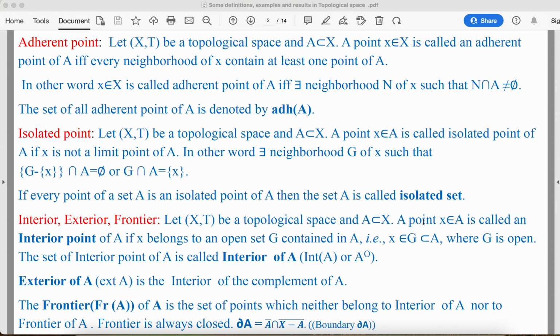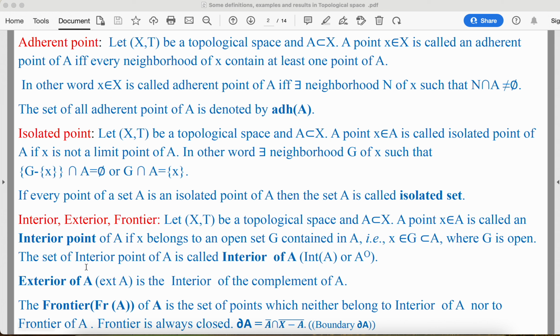And the set of all interior points of A is called the interior of A, and we write it as int within brackets A, or A with a circle on top. So these are the notations for the interior of A.